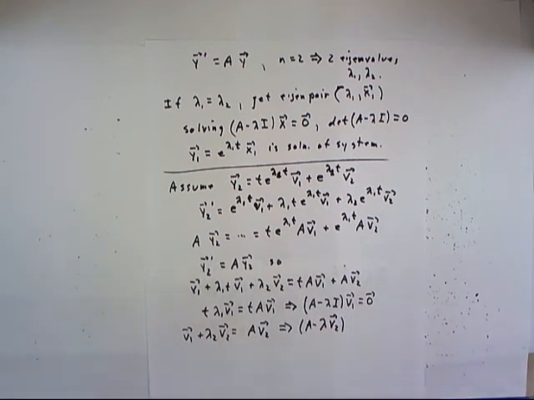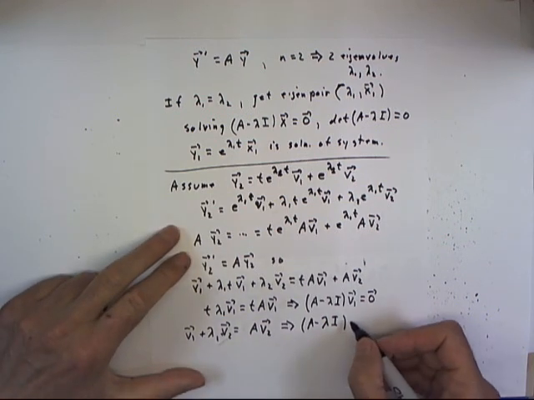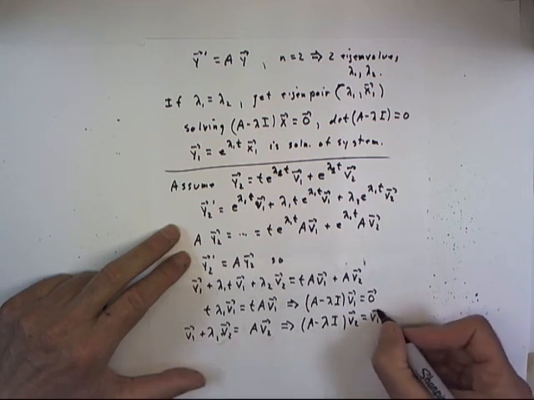I wrote that wrong because I was looking at something else. Now things make more sense. My original error was to write A v2 here where it should have been A minus lambda 1 I times v2. That's what we get on one side, and we get v1 on the other.